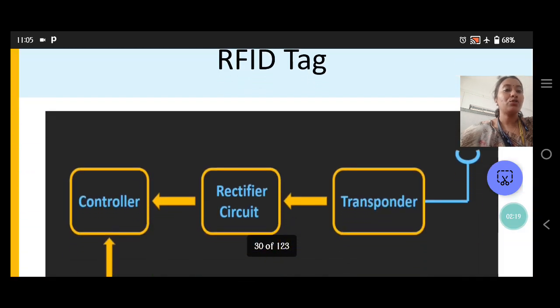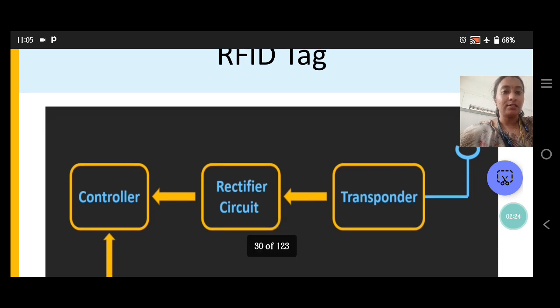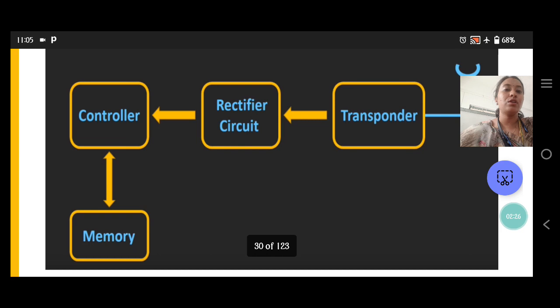Coming to the next section, the RFID tag. The RFID tag has a block diagram which includes a controller, rectifier circuit, memory, and transponder. First the signal is received, then it goes to the rectifier circuit, then the controller, which stores the data in memory.